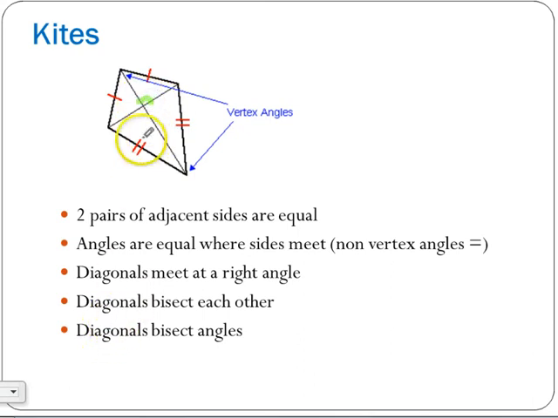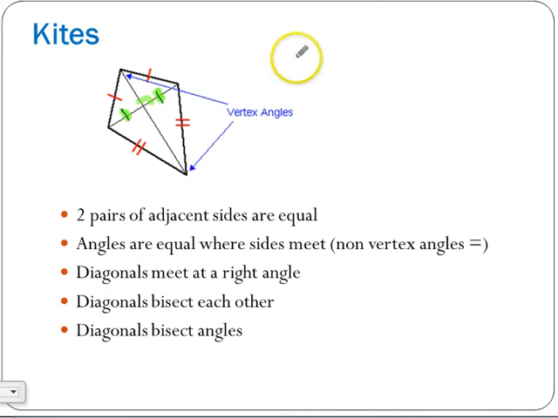The diagonals will bisect each other, and then they'll bisect the angles. So there's really one set of bisecting diagonals.